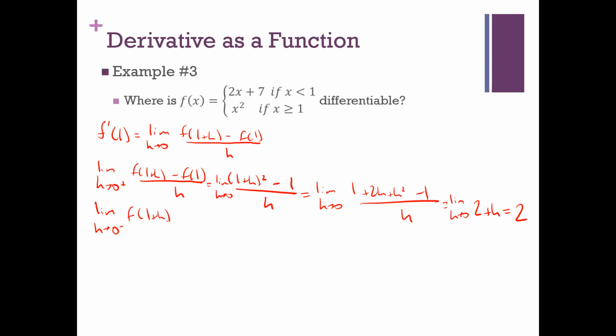f of 1 plus h minus f of 1. Now, what is f of 1 plus h? Okay. 2x plus 7, so 2 times 1 plus h plus 7 minus f of 1, which is, remember, we're talking about limits.